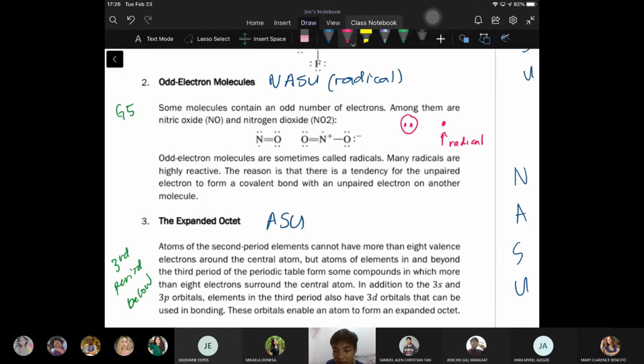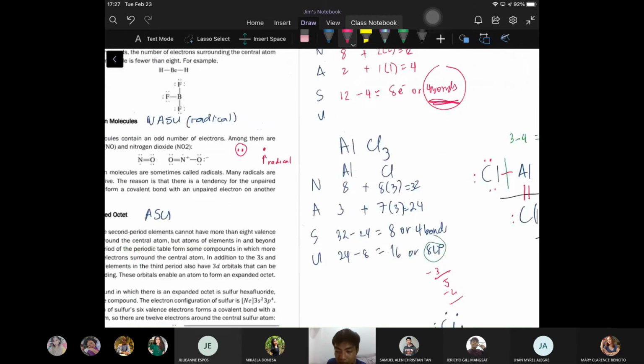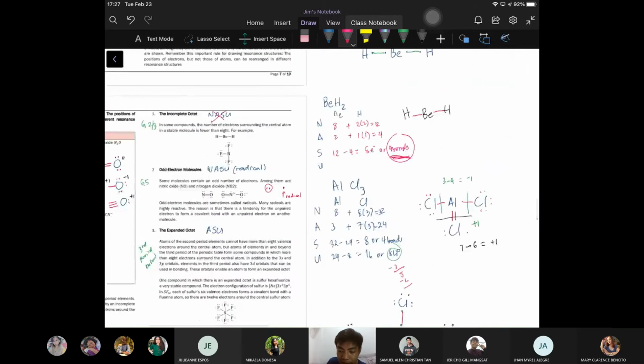Kaya nga sinasabi, bawasan yung mga radicals sa ating katawan para hindi tayo magkasakit. Kasi kapag may radical tayo sa katawan, that single electron may disrupt our body's function. And then when our body function is disrupted, so that means may sakit tayo. Okay? So, totoo yung mga nasa commercial na yan.